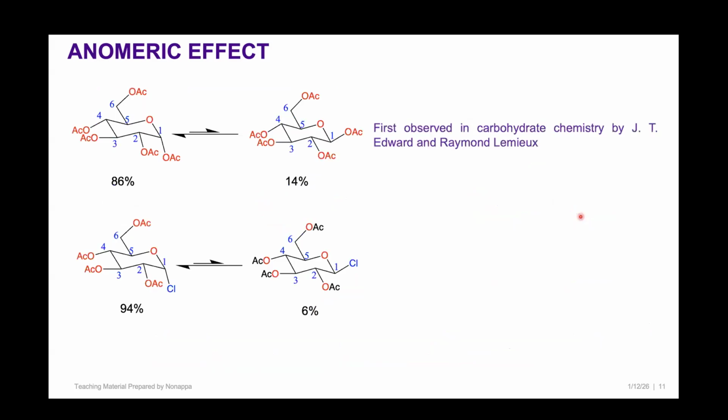So if you look further, this is a phenomenon often observed in carbohydrate chemistry, first observed in the 1940s by J.T. Edward and Raymond Lemieux.